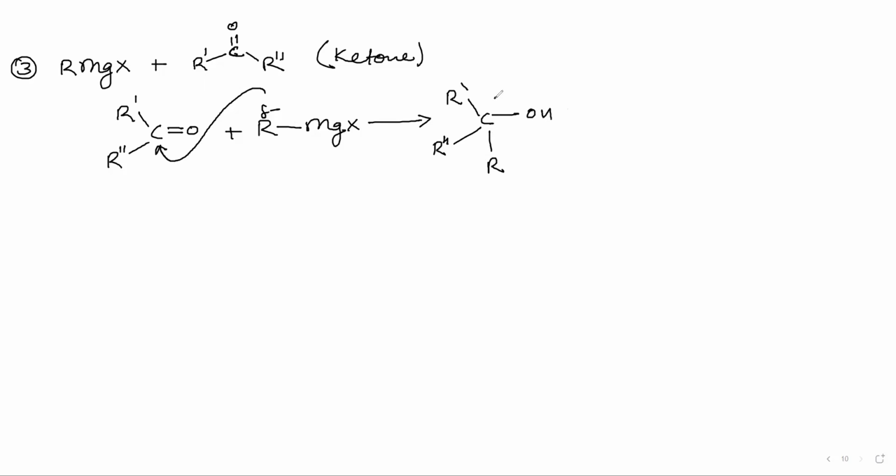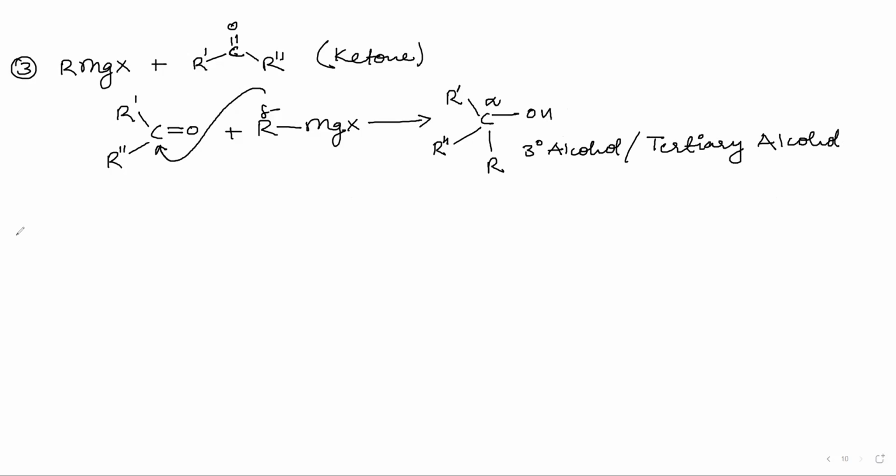Now you tell me, this alpha carbon is connected to how many alkyl groups? 3. So this will be 3-degree alcohol, or we also call it tertiary alcohol. Tertiary alcohol.